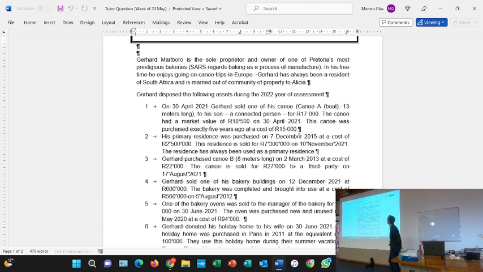Okay, if you sell an asset to a connected person, which amount do you take into account? The amount of the fair value or the selling price? Why the market value? In this case, the selling price is way lower than the market value.